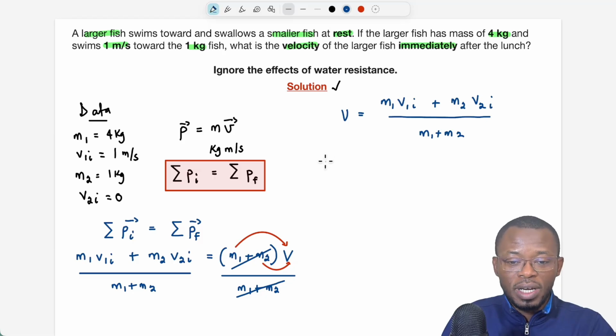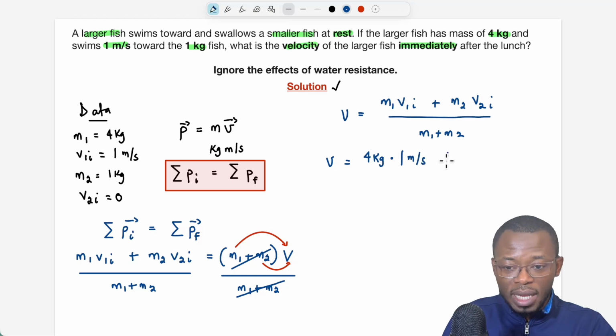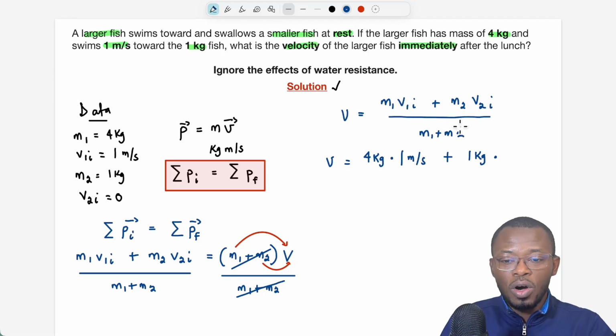To find that, V is going to be, what is M1? We have 4 kilograms multiplying V1 initial, which is 1 meter per second. And then plus the second fish, the smaller fish, so we have M2, which is 1 kilogram, multiplying V2 initial, the initial speed of the smaller fish before being swallowed.